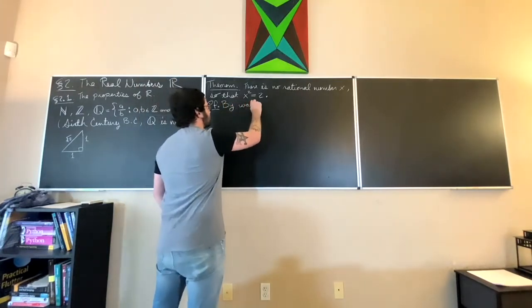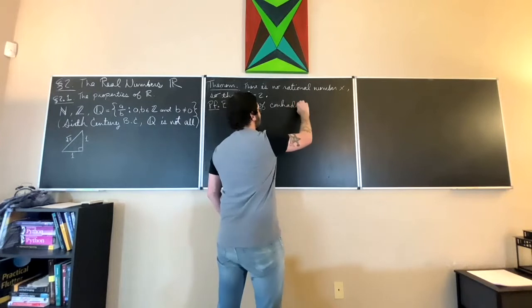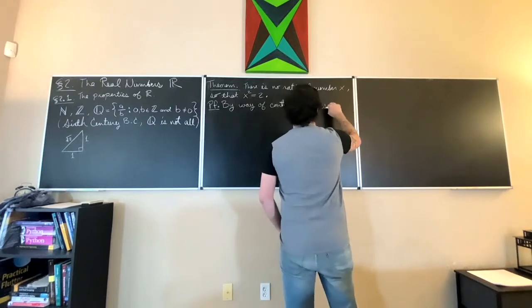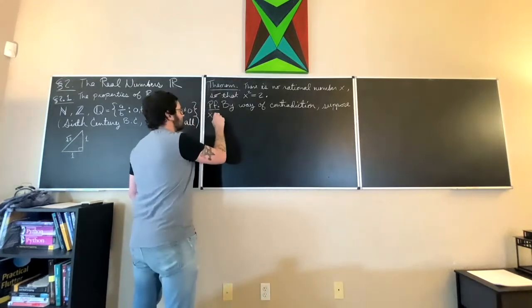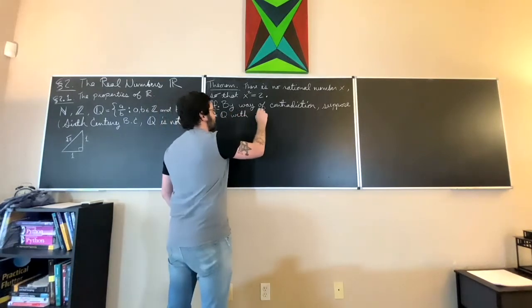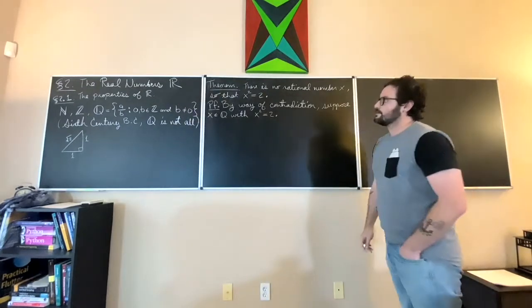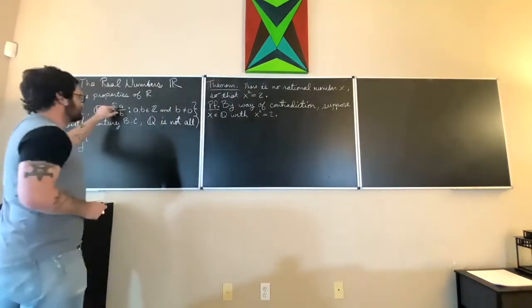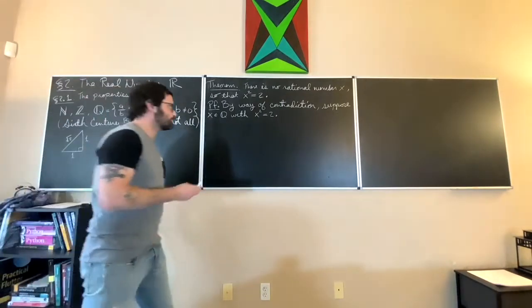By way of contradiction, suppose x is some rational number with x squared equal to 2. Okay. So in particular, if x is in the set of rationals, we know that it can be written as a ratio of a over b, where a and b are integers, and b is non-zero.